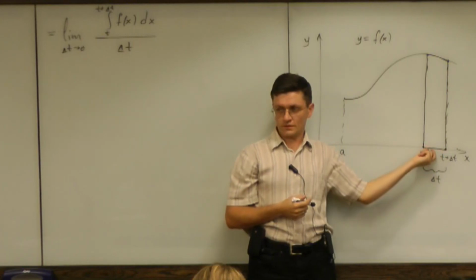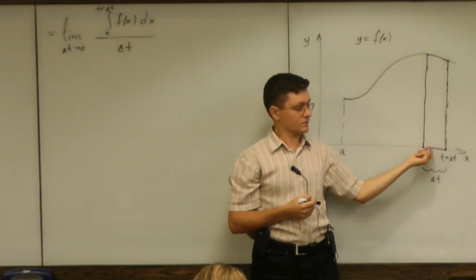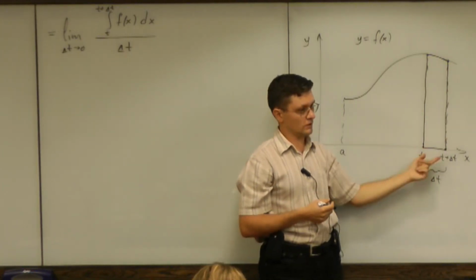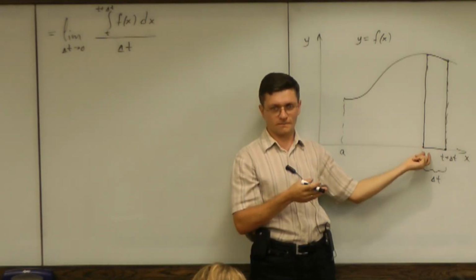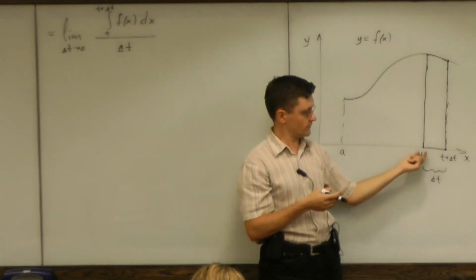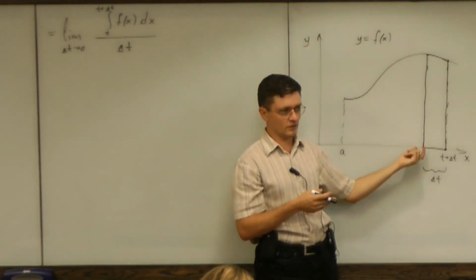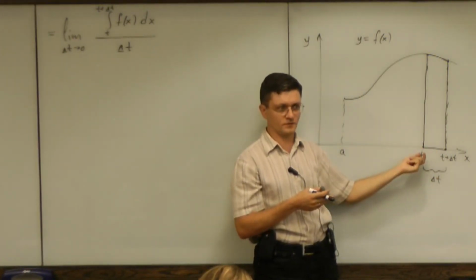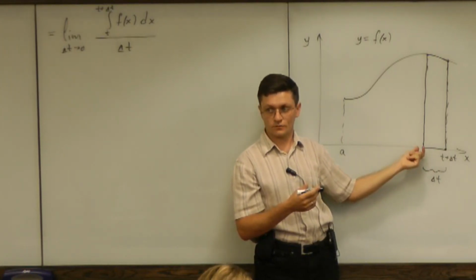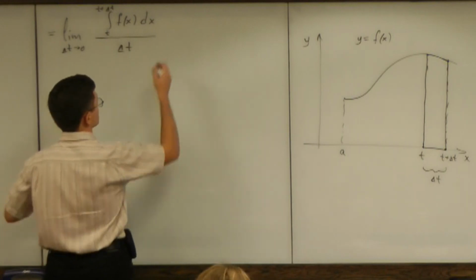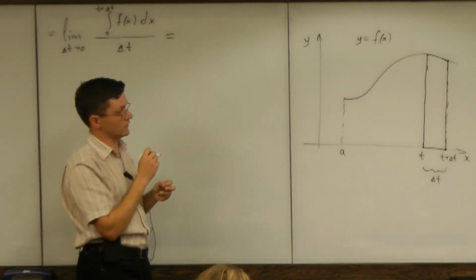As delta t goes to 0, we expect the shape to resemble the shape of a rectangle better and better. So the division of the area by delta t will result in the height with better and better precision. So that means the limit is going to be the height. And what's the height?